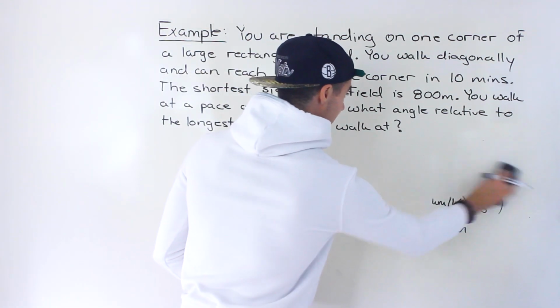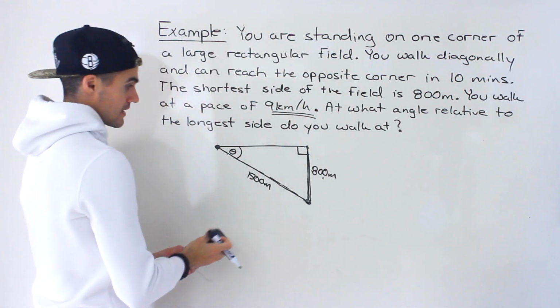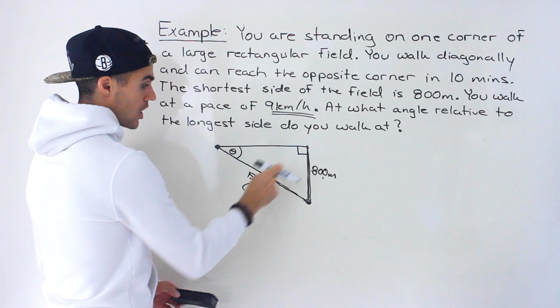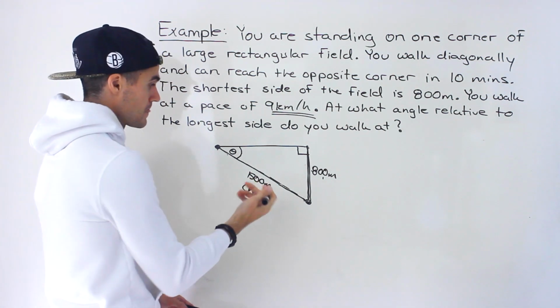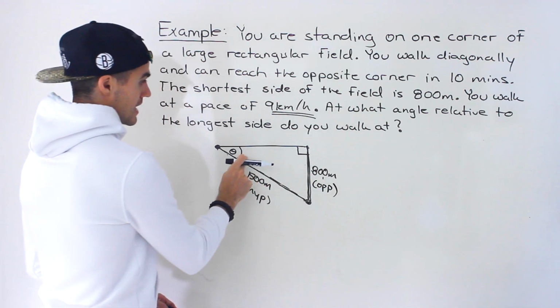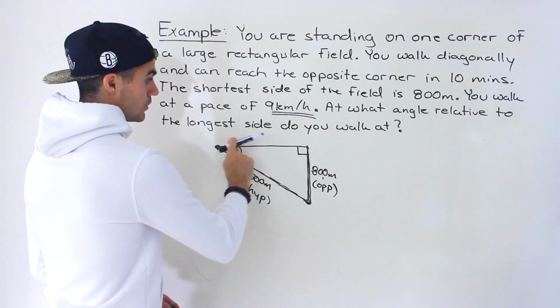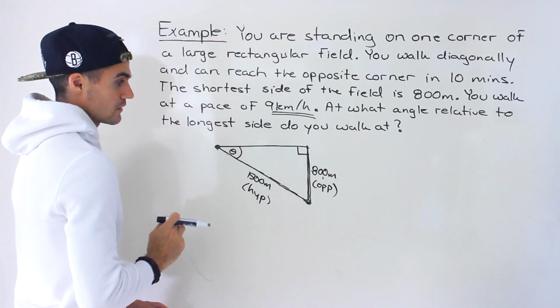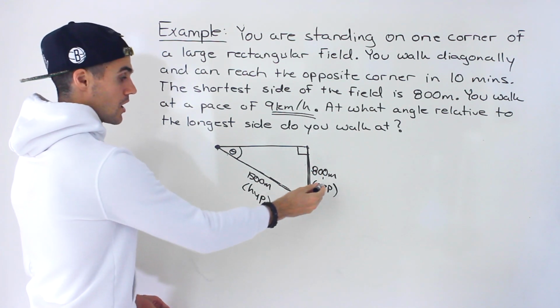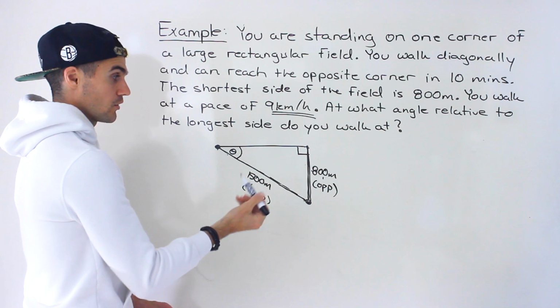Now, with that angle, if we use that as the reference angle, notice that this is the hypotenuse, right? The side that is opposite to the 90 degrees. And then this is the opposite side to this angle, and this here would be the adjacent side. We're not given that, so we're going to use these two sides. And what ratio uses the opposite and the hypotenuse? Well, the sine ratio.